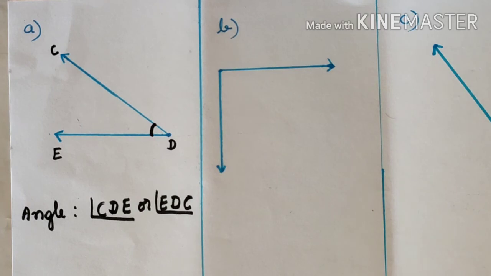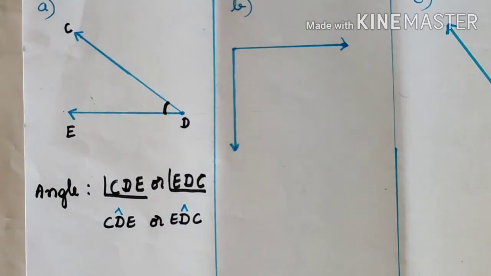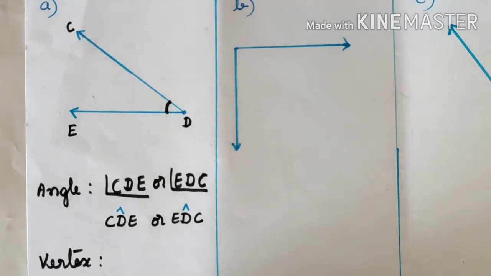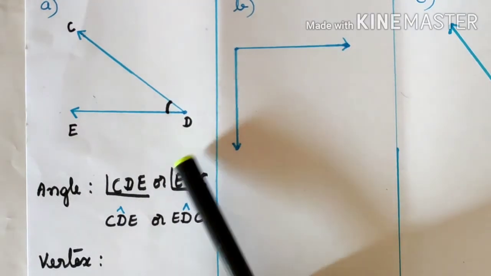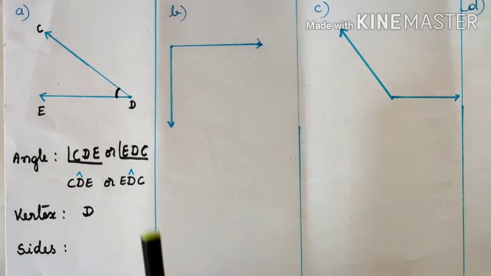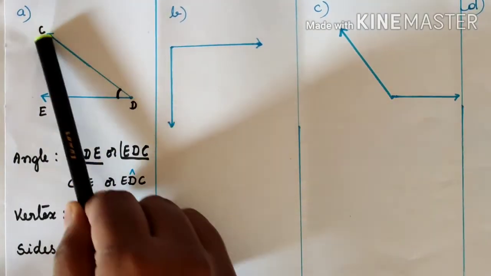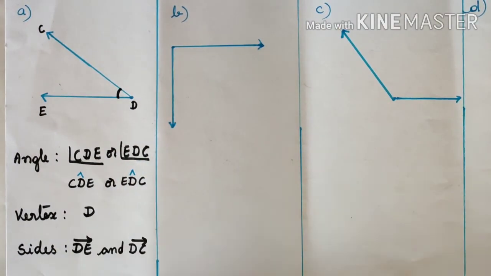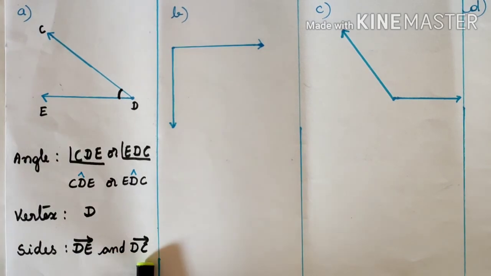Let us represent the angle using one more symbol also, this way. Second one is we have to write the vertex. Tell me which is the vertex? D is the vertex. Last one is sides. The sides are D to E, D to C. That is DE and DC.